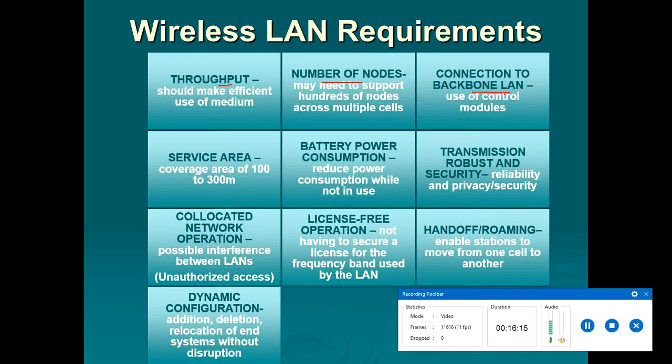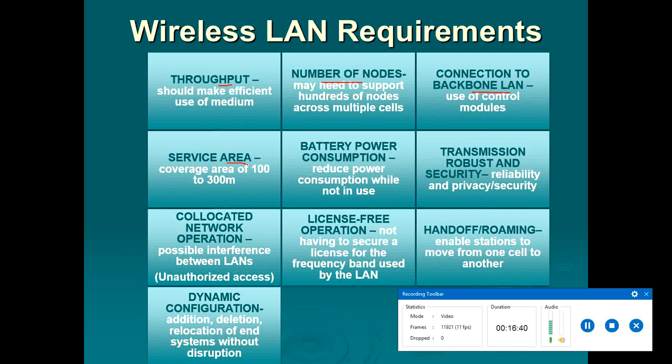Alright, so we were talking about the connection to the backbone LAN. In case of wireless LAN, interconnection with the stations on a wired backbone is a must. And for infrastructure wireless LANs, this is easily done by the use of control modules that connect both types of LAN. So it may also be needed for mobile users and ad hoc wireless networks.